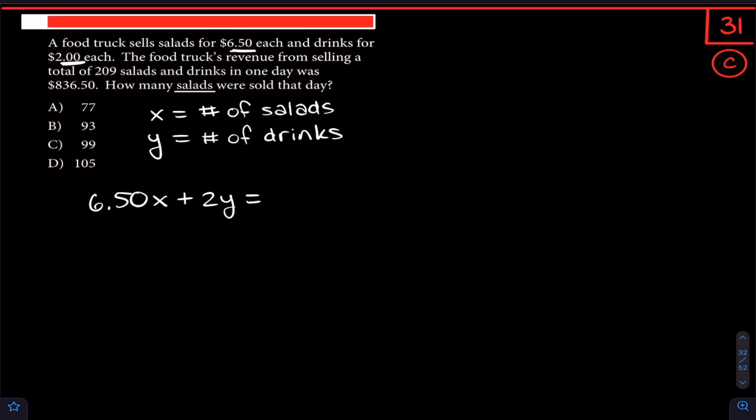I know that that's equal to the total amount that they sold that day, which is $836.50. Because the 6.50x gives me the amount that they sold from salads, and the 2y gives me the amount that they earned from drinks. So if I add these two things together, I get the total amount that they made off of salads and drinks.